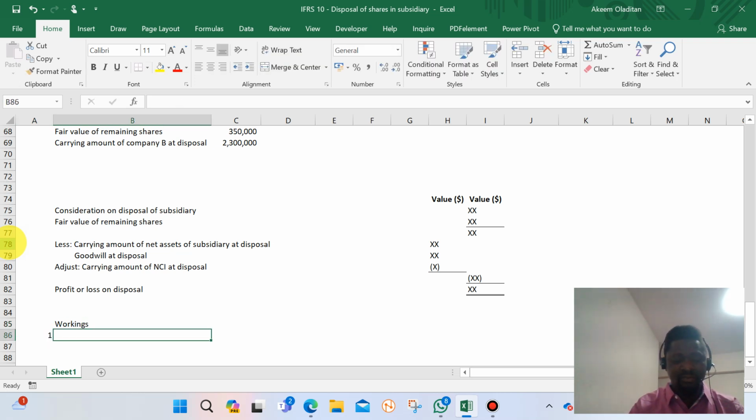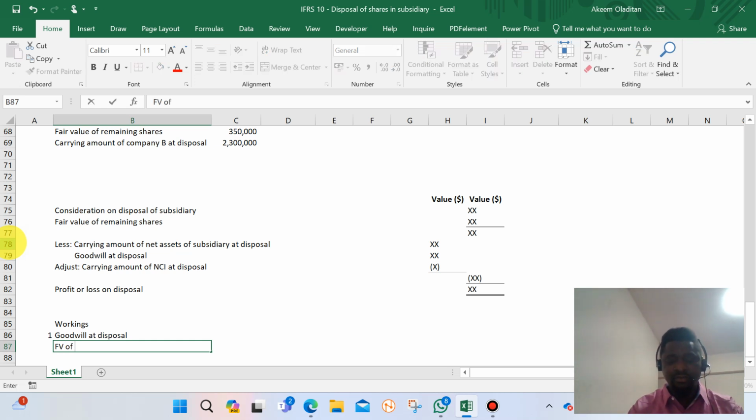Workings, number 1: goodwill at disposal. That's what we want to calculate. What is the goodwill at acquisition? We have the fair value of purchase consideration.